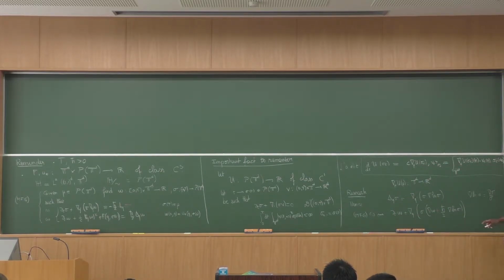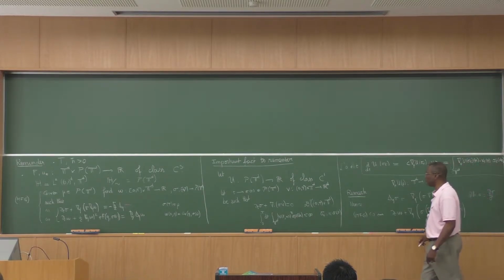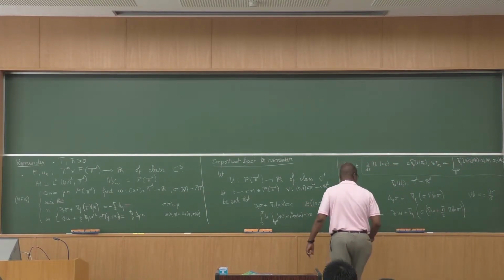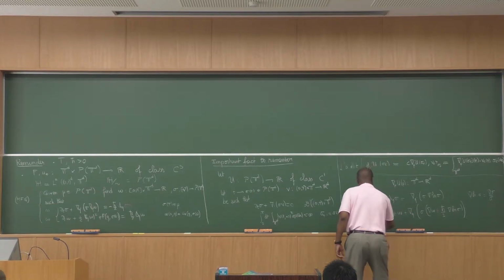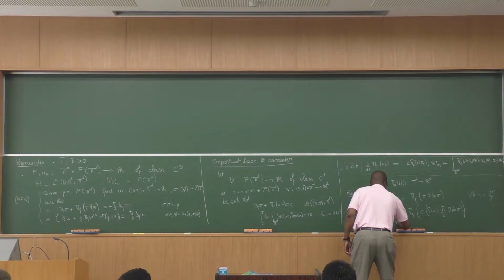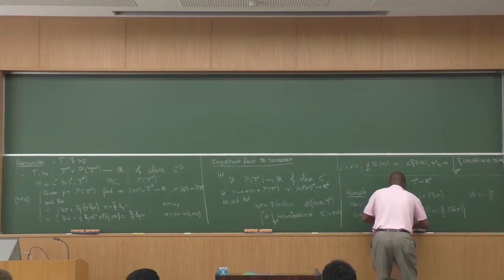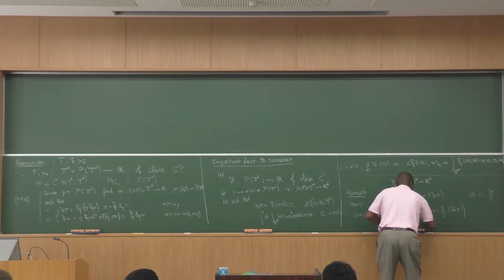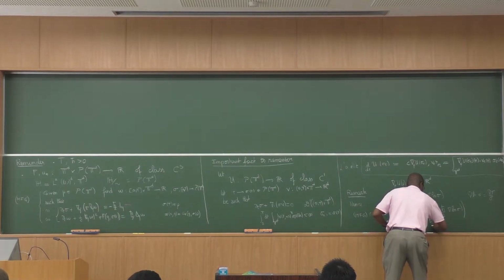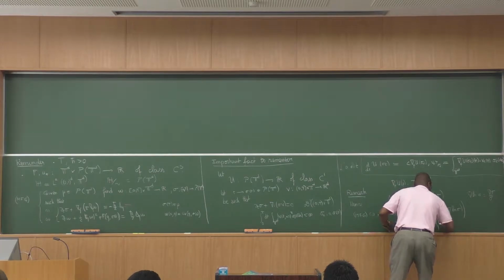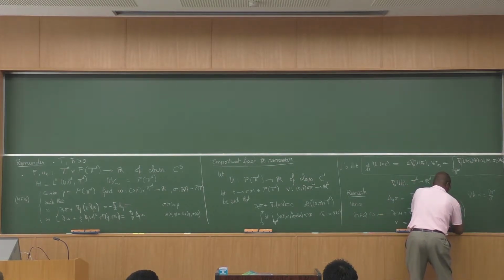Therefore, if I compare this equation to that equation, my velocity is v equal to gradient q of W plus h bar over 2 gradient of log of sigma.